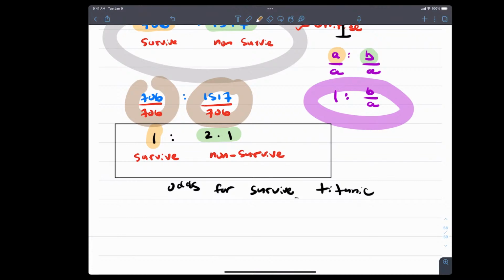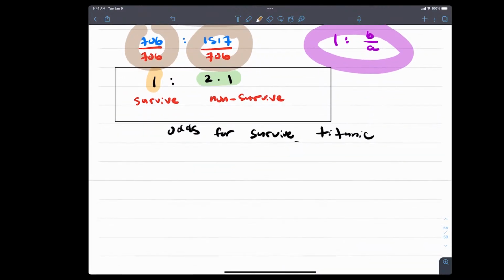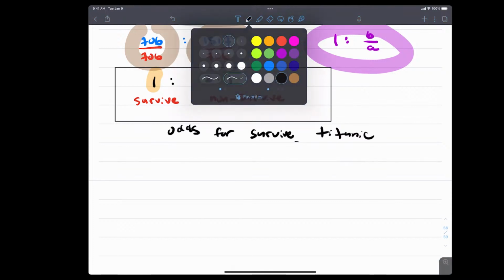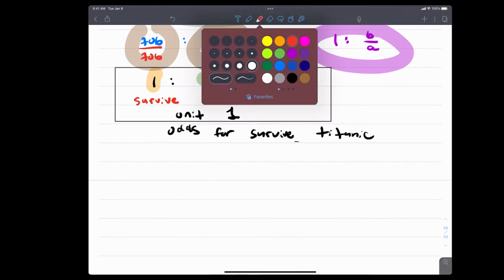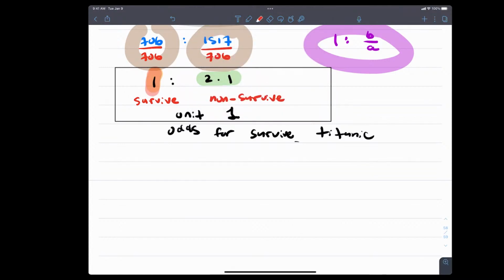But we did it by 706 to get the idea of a unit. This is a unit ratio. Unit meaning the number 1 right in here. There is 1 survivor to every 2.1 non-survivors. So we're looking at the survivability rate there on the Titanic. 1 survivor to every 2.1.